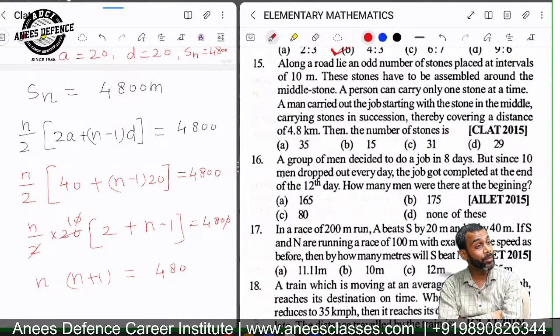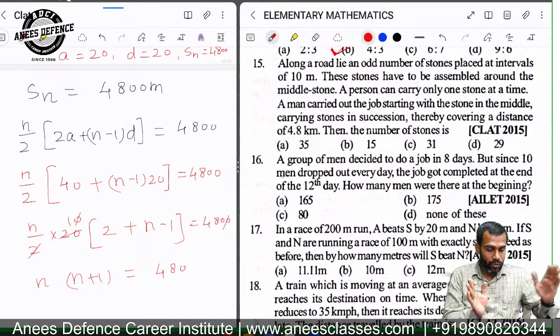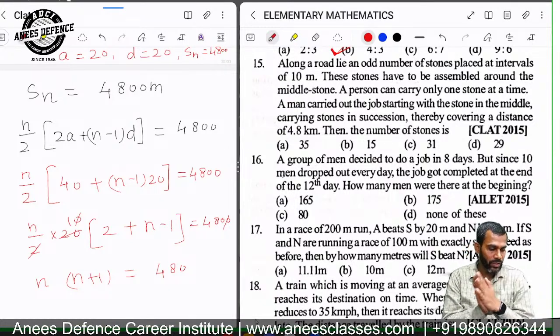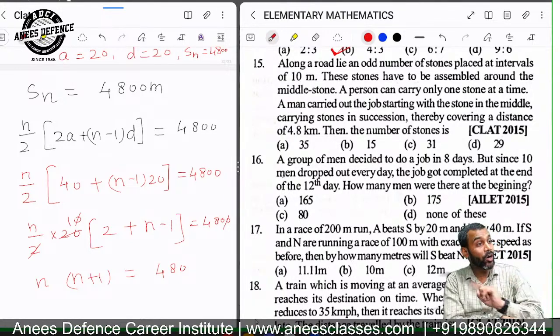So Sn should be 2400. Why? Because the total distance covered by the man is 4.8 kilometers. So if he has to assemble all the stones which are on the left of the middle stone, the total distance covered by him would be 2.4 kilometers. So that is where we made the mistake.